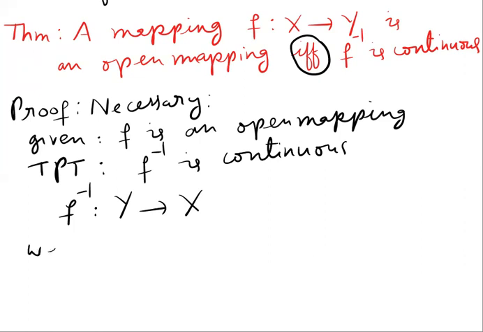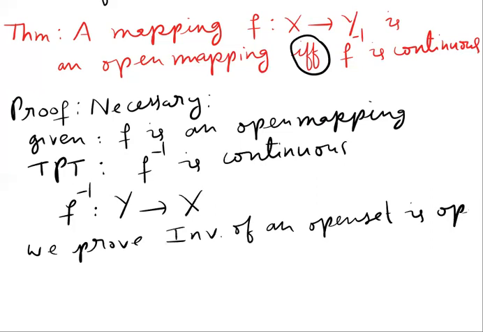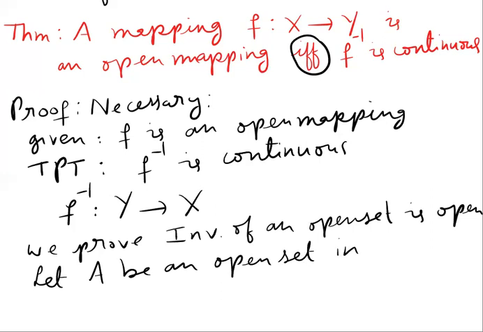So we prove that the inverse of an open set is open. So let A be an open set in the codomain of f inverse. What is the codomain of f inverse? It is nothing but X. Let us take an open set in X. And what is f of A?